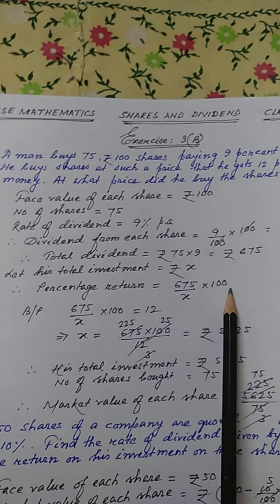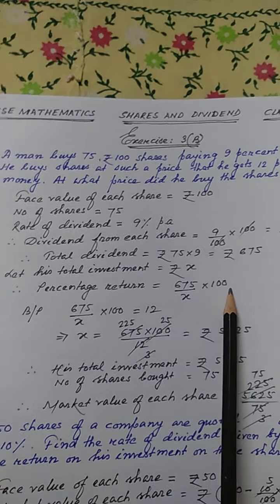The return on his investment on these shares being 20%. So here I did the face value of each share equal to rupees 50. Market value of each share equal to 50 minus 10% of 50 rupees, that is rupees 5.